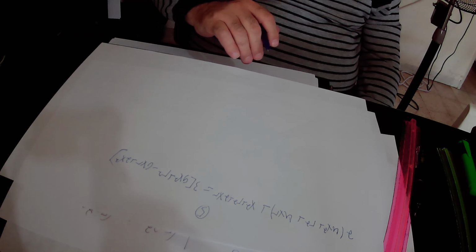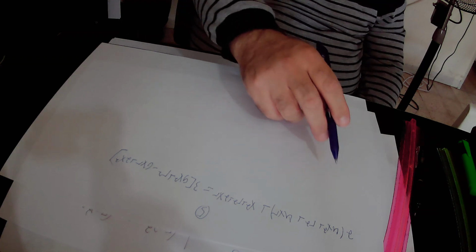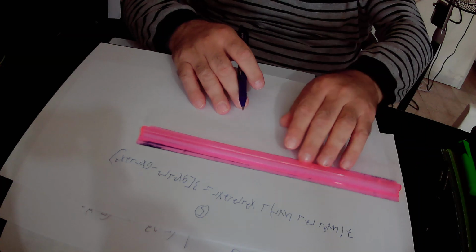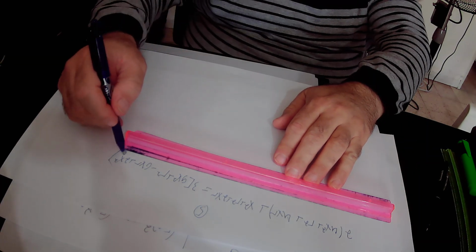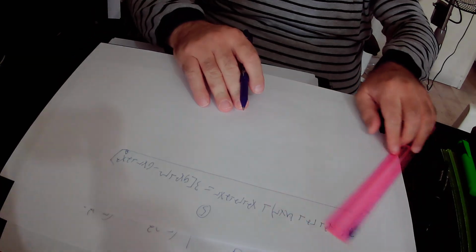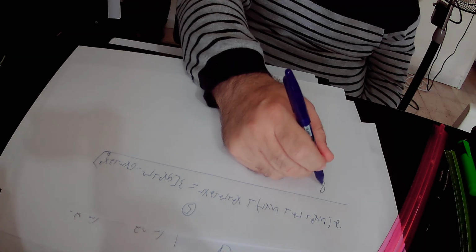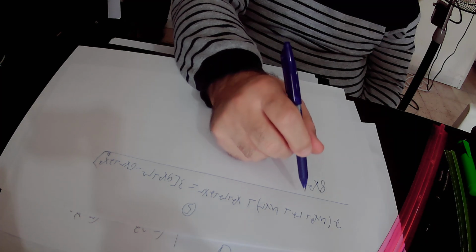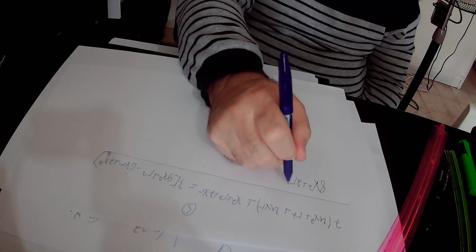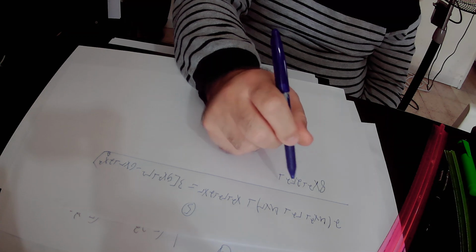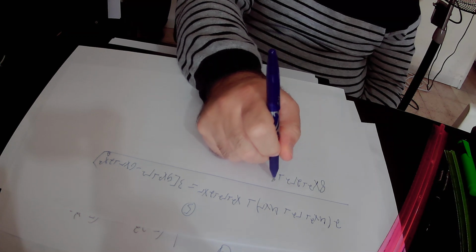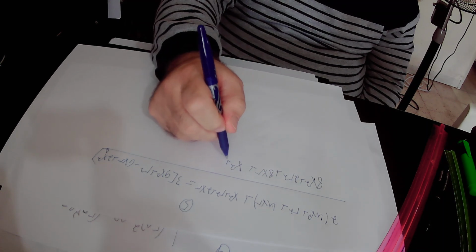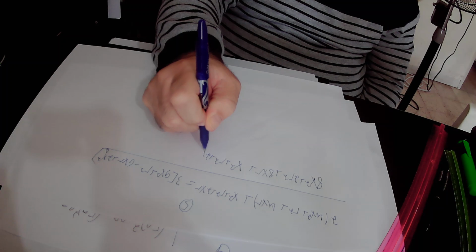So we will open the brackets on this side of the equation and we get 2 times 4x squared, which is 8x squared, plus 2 times R squared, which is 2R squared, plus 2 times 4xR, which is 8xR, plus we have here x squared plus R squared plus 2xR.